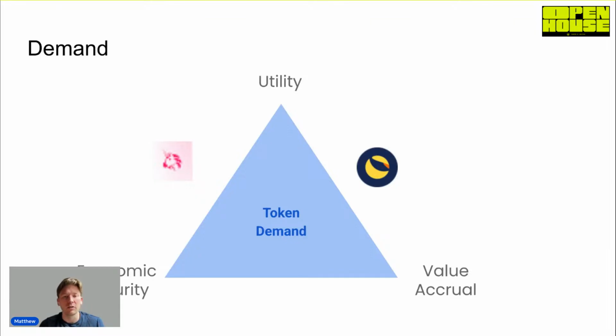However, the utility of the product, the perhaps speculative component, and the economic security are all considerations that mean the value is still accrued. And so understanding where you can place your token on this triangle whilst being sustainable is a key decision.